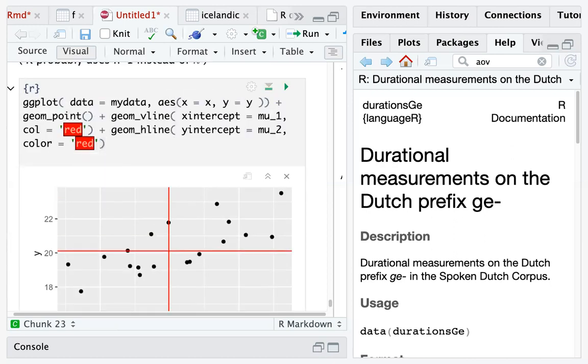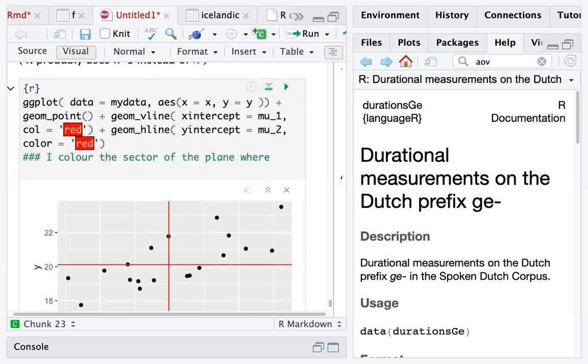So now I color the sector of the plane where points falling there have a positive xi minus x bar.